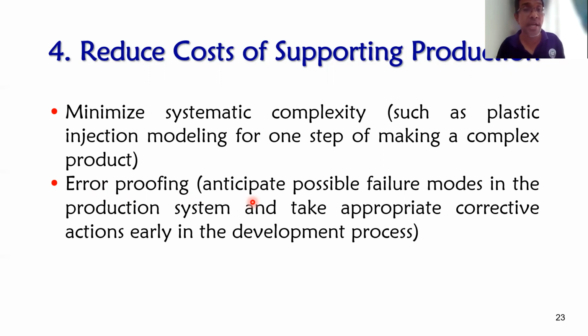This can also reduce the cost of supporting production, because monitoring the quality and reviewing also cost. So we can reduce all this by reducing the cost of supporting production.